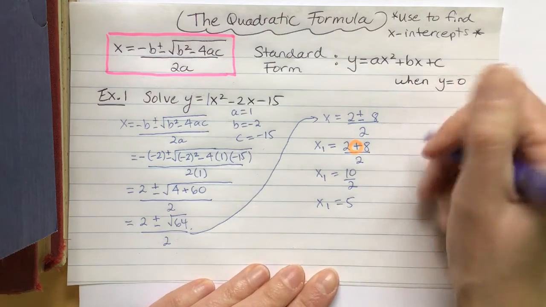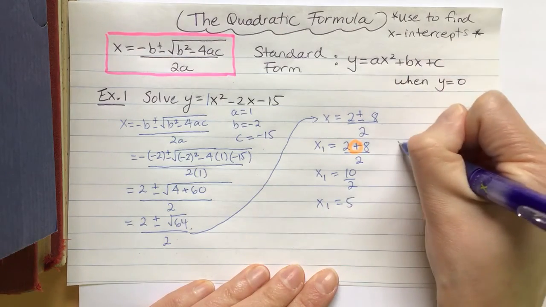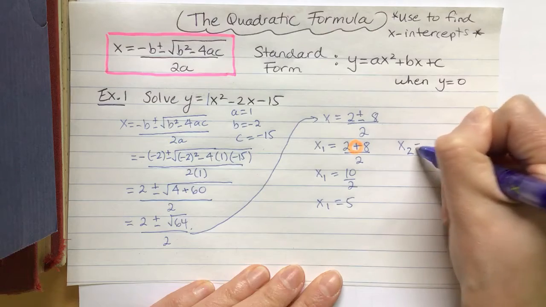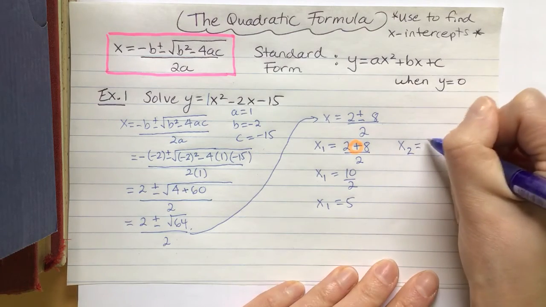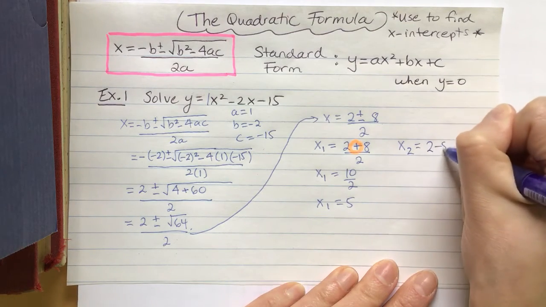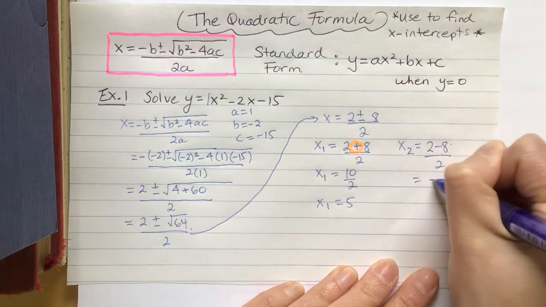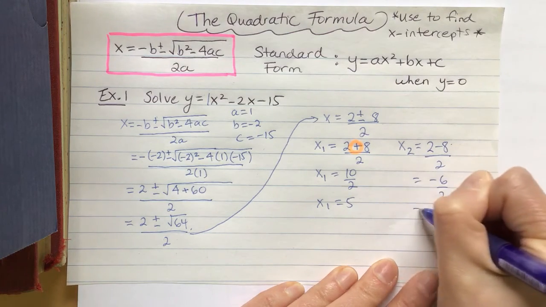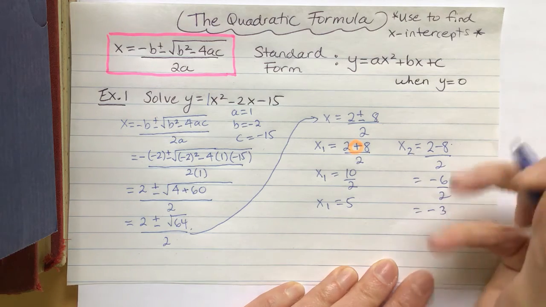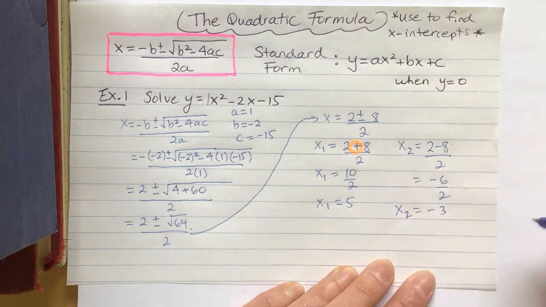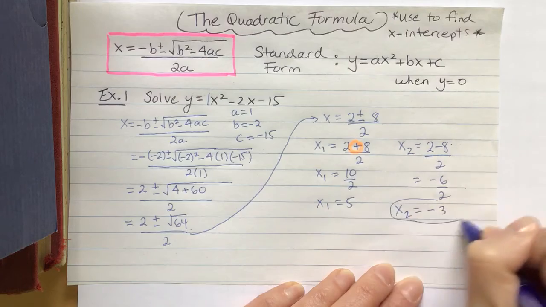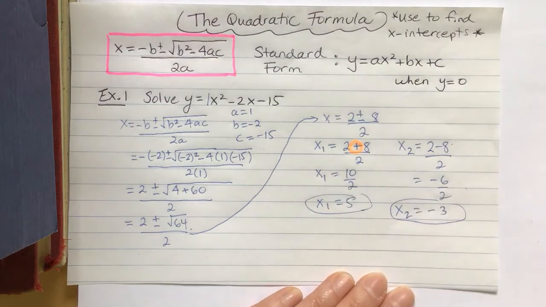Right, now we are going to be using the minus. So let's look at our other answer for x. So x is equal to 2 minus 8 over 2, which is negative 6 over 2, which gives us negative 3. So our other x is negative 3.